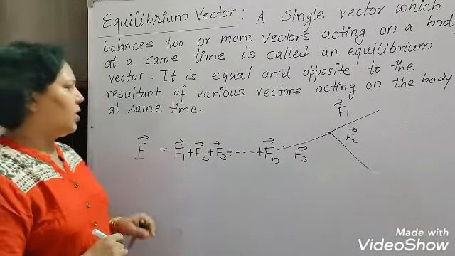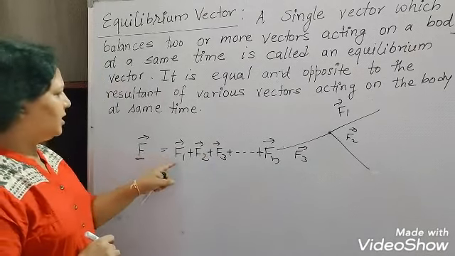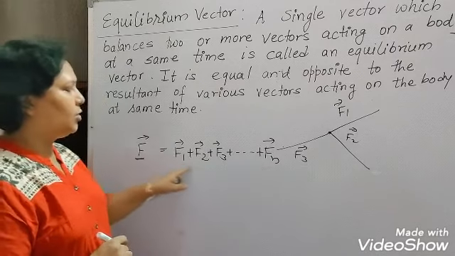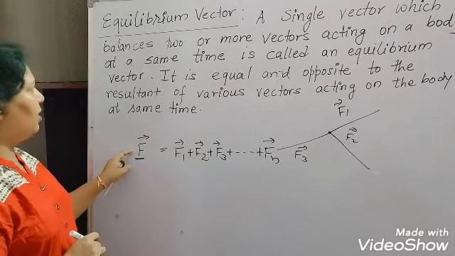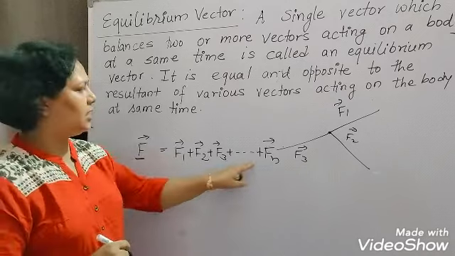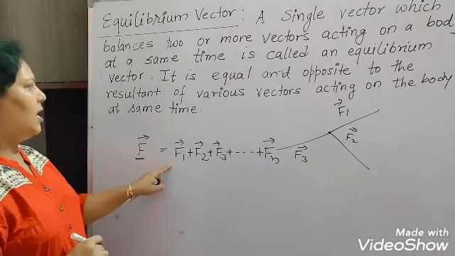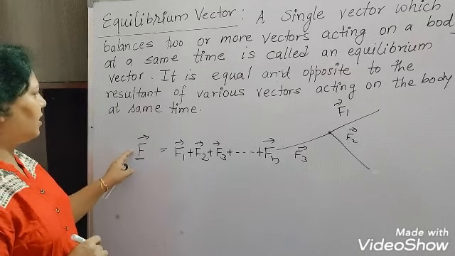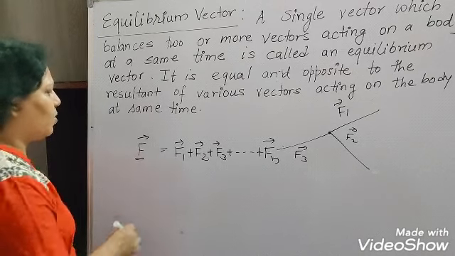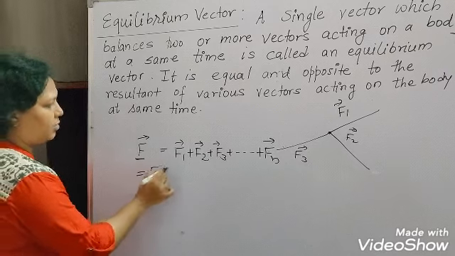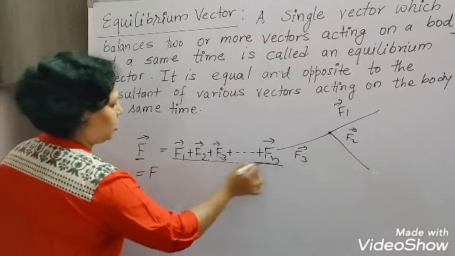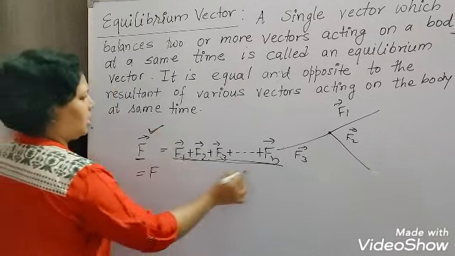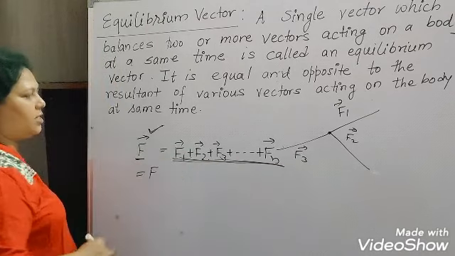You can see easily that it is equal to the resultant of these vectors, and obviously the direction of this vector is opposite to the resultant of these vectors.